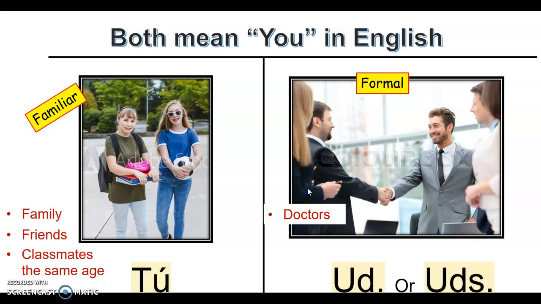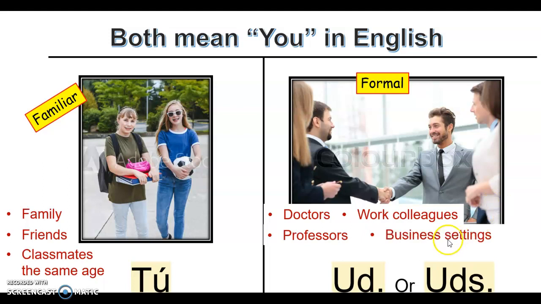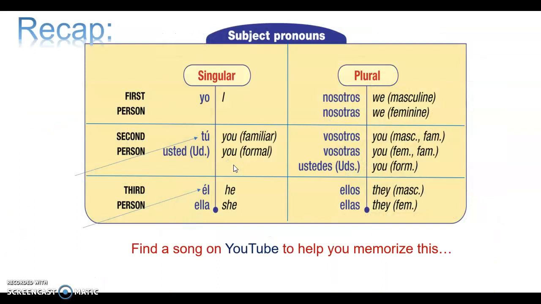And you use formal when you're talking to your doctor or your work colleagues or your professors or in a business setting. So now it's just out of respect and we address someone as usted. However, ustedes is the acceptable way to say you all in this side of the world, because in Spain it would be vosotros.